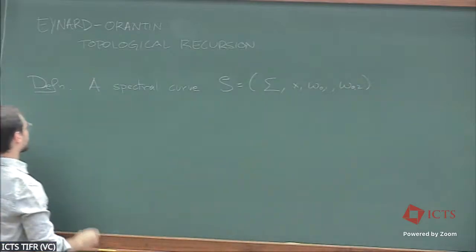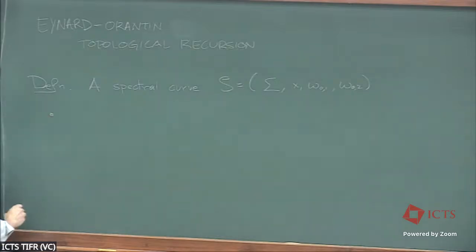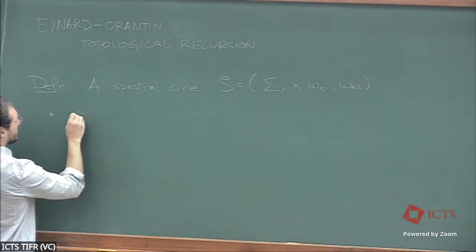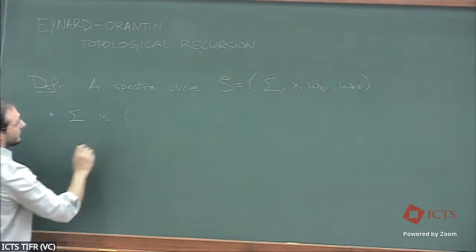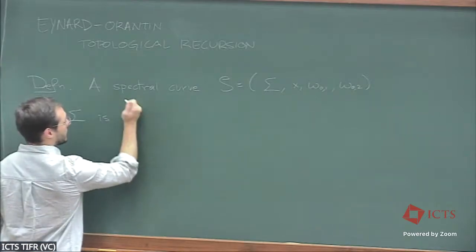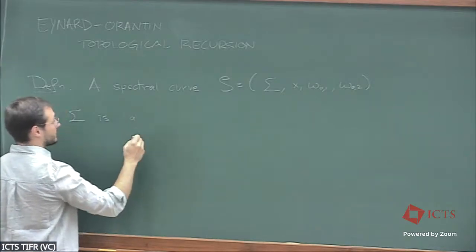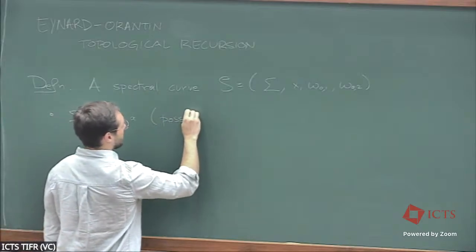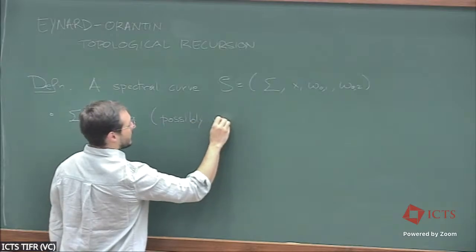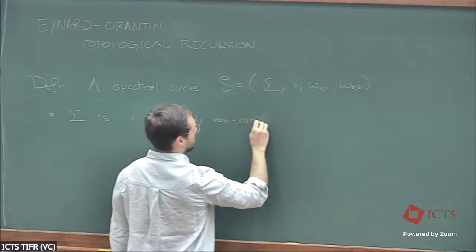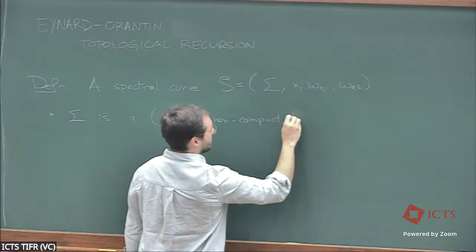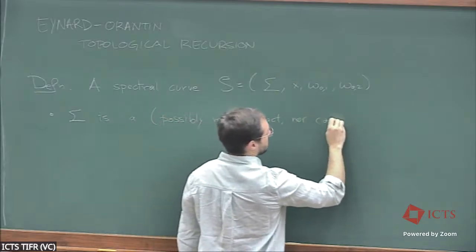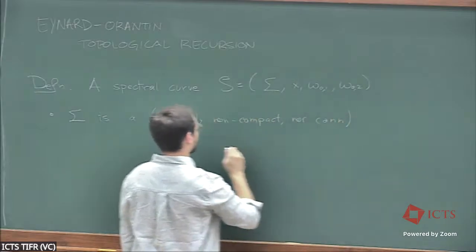So what are these objects? The sigma is a Riemann surface. The sigma is a Riemann surface that might be non-compact and non-connected, if you want. So it is a possibly non-compact, not necessarily connected Riemann surface.